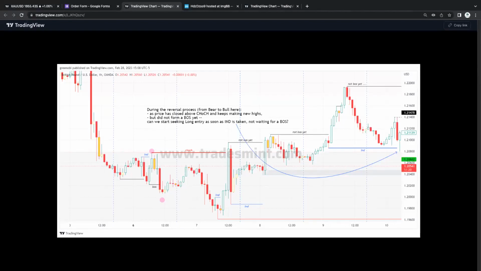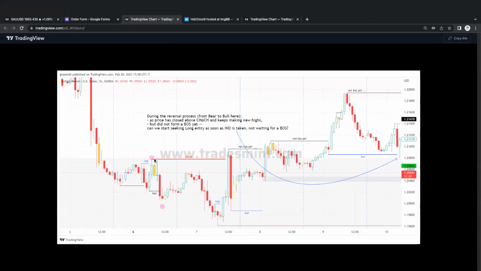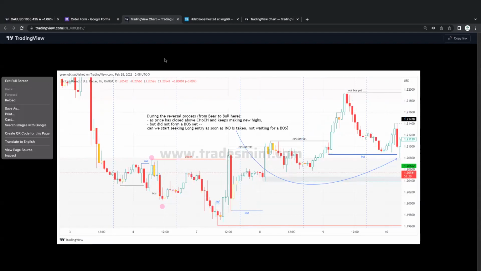Let's see. This is a chop. This is an inducement. It takes out the inducement, and this is a higher high, and this becomes a higher low after the break of structure. It continues going higher high, and this is an inducement. So this becomes our new structure, like this, right?